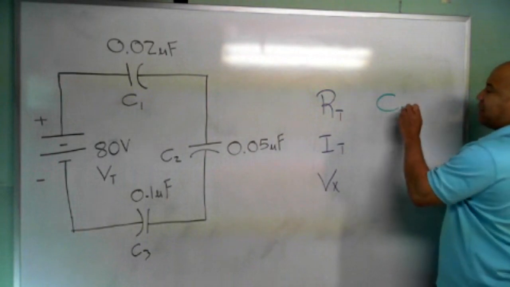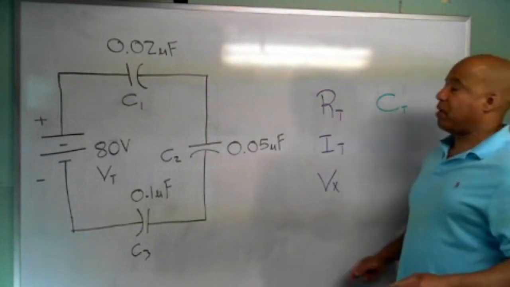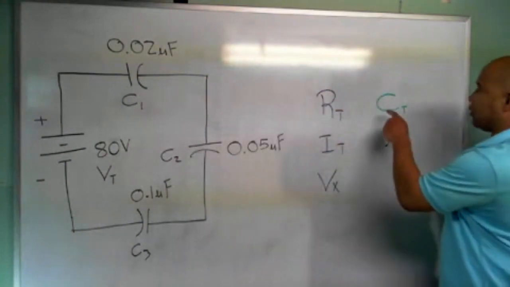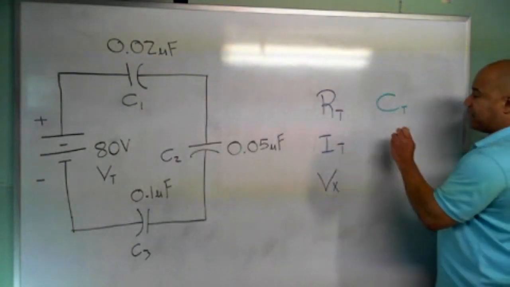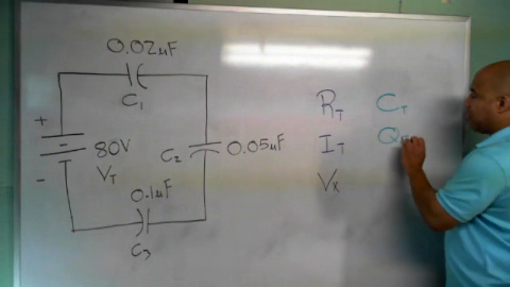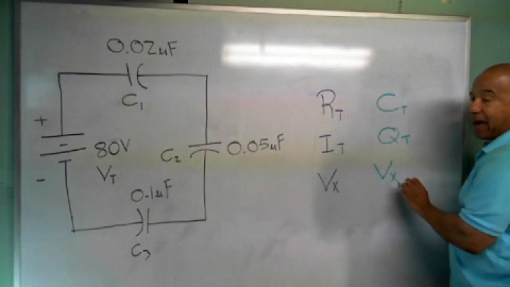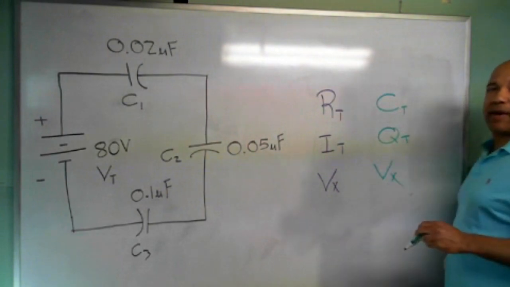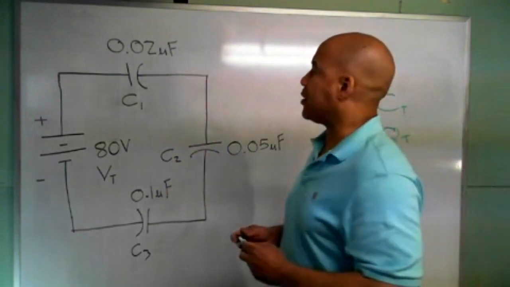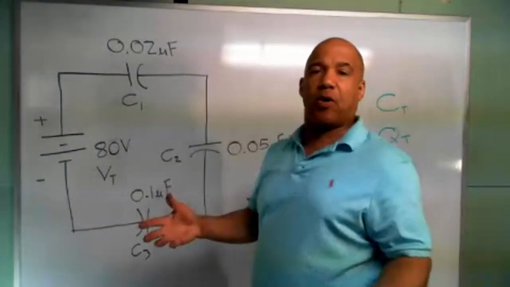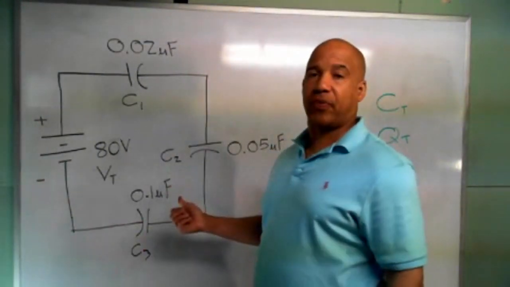You'll use that to find the total, not current, because remember, with resistors it's current, with capacitors it's charge. So we'll find the total capacitance, and we'll find the total charge, and then we'll use these two to get a voltage across each capacitor. So it's exactly the same way. If you ever get confused or lost on what to do with capacitors, just change it to resistors, and however you would approach that problem is how you would approach this one.